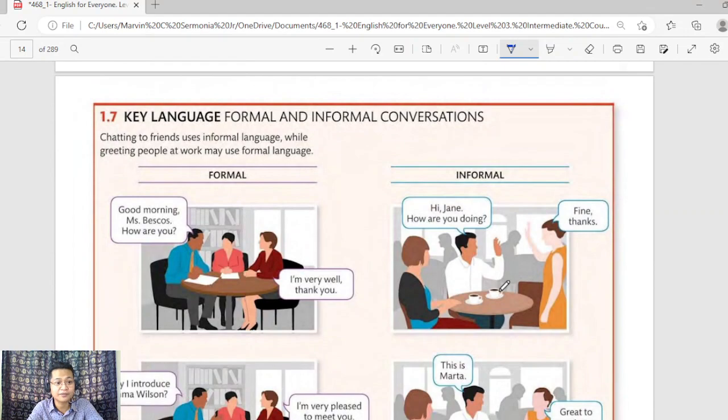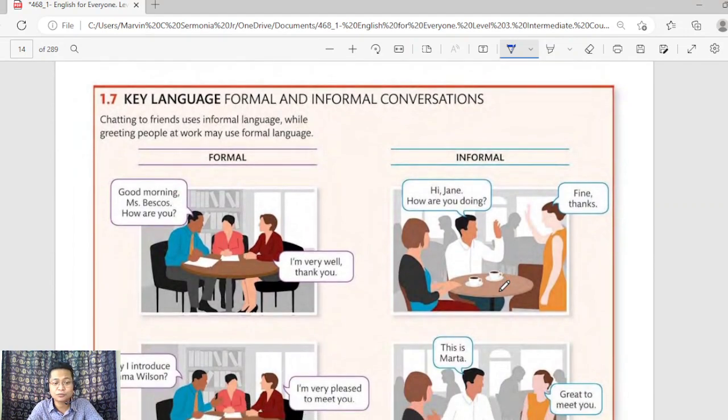All right, I hope that this time it's clear to you how to make question tags. This time, let's talk about formal and informal conversations. Chatting to friends uses informal language, while greeting people at work may use formal language.